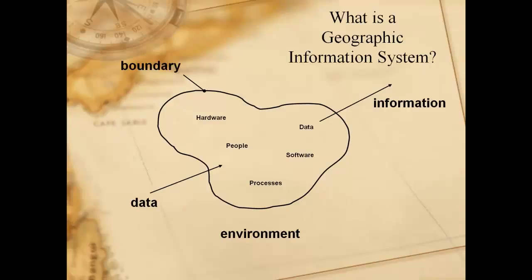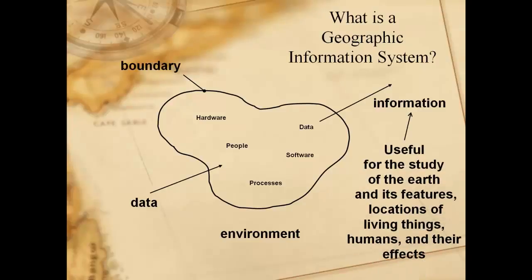So what is a geographic information system? Well, it's an information system where the information has something to do with geography. So one of the basic definitions of geography is the study of the earth and its features, location of living things, humans, and their effects.